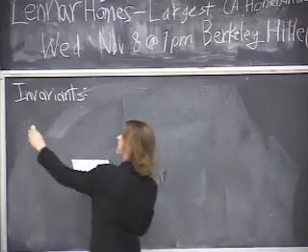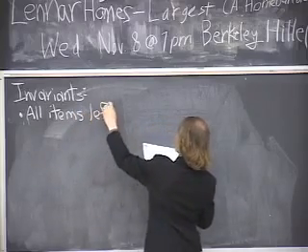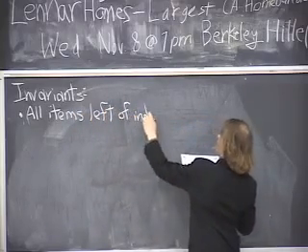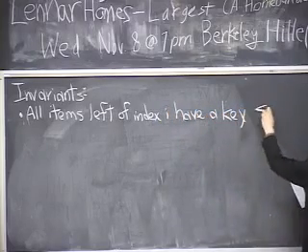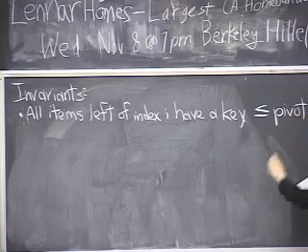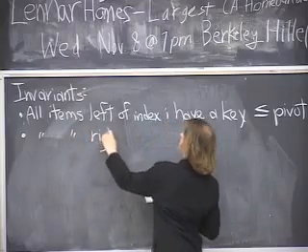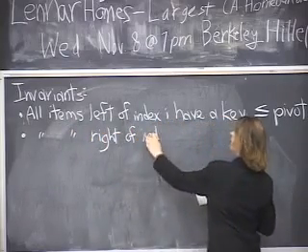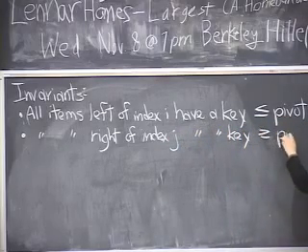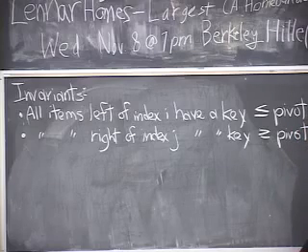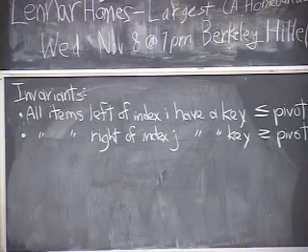The invariants are, first of all, items up to index i have a key that's less than or equal to the pivot, and all items to the right of index j have a key that's greater than or equal to the pivot. And that invariant is initially true because all the items are to the right of i and to the left of j.